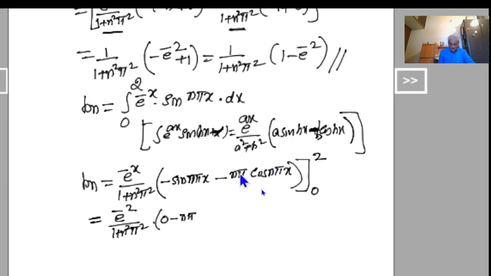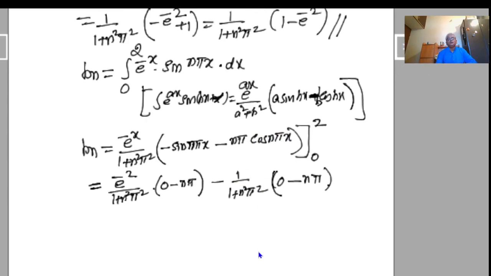So this is just minus nπ. This is the upper limit, minus. Coming to the lower limit, if I put x equal to 0, we get e power of 0, which is 1, divided by 1 plus n squared π squared. In this bracket, put x equal to 0, this becomes 0, minus, cos 0 is 1, that is nπ.